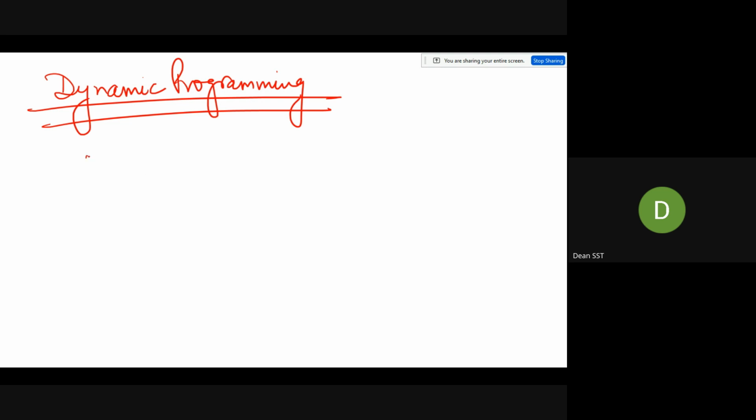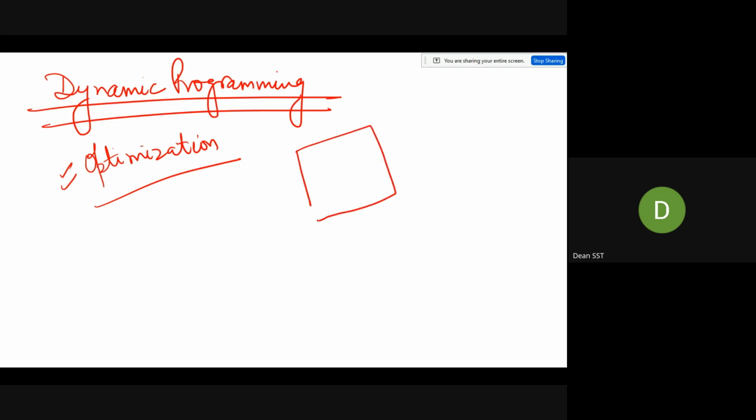Now tell me, do you know what is optimization? How do we do optimization in our real lives? What do you mean by optimization? Suppose I have one box.